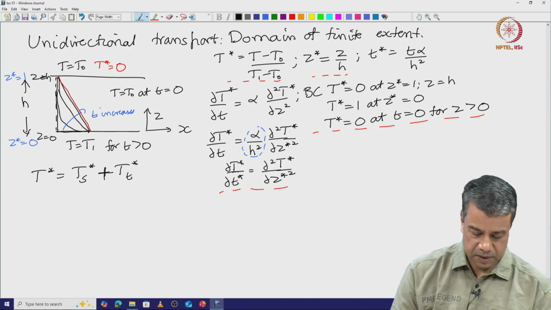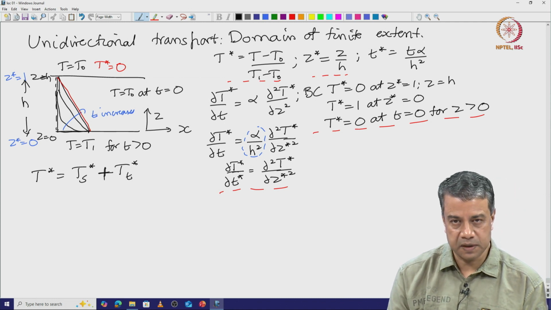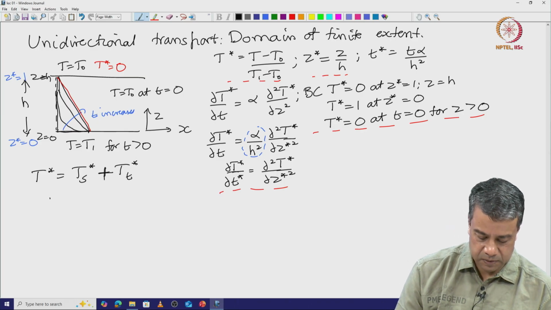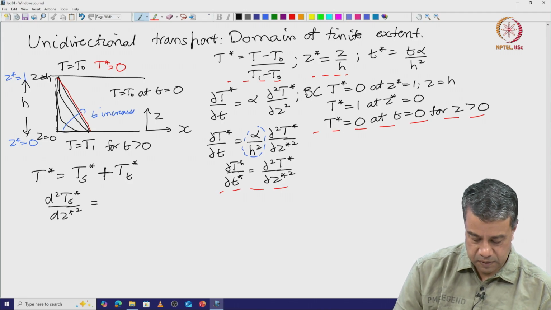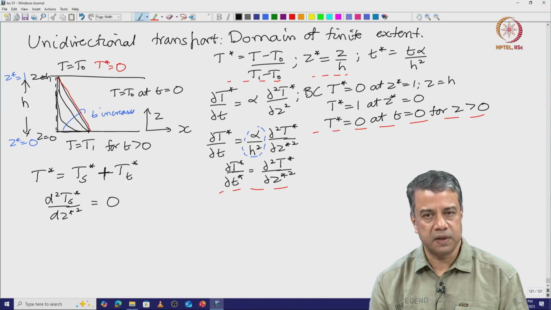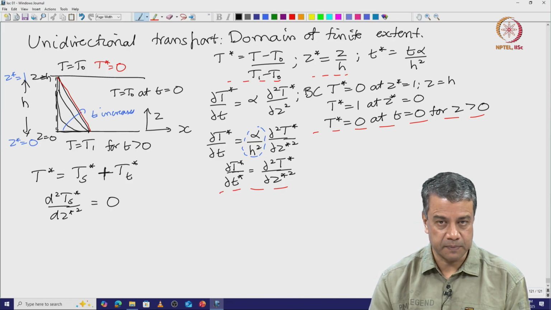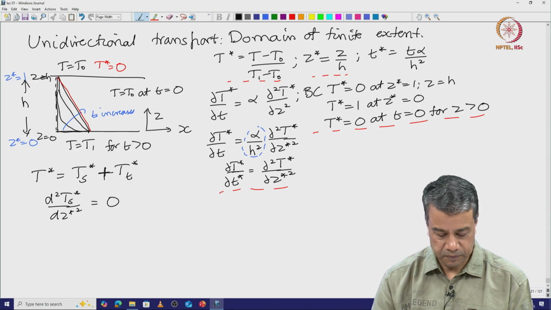two equations. So, for the steady part in the long time limit, there is no time dependence. Therefore, the equation just reduces to d square T steady by dz square is equal to 0. In the long time limit, you reach a steady temperature which is independent of time, so the time derivative goes to 0.